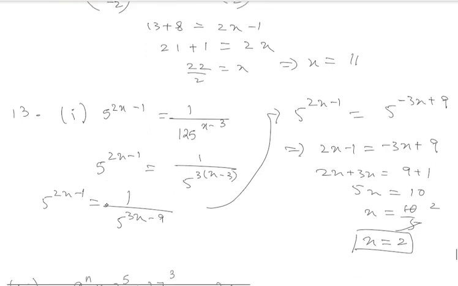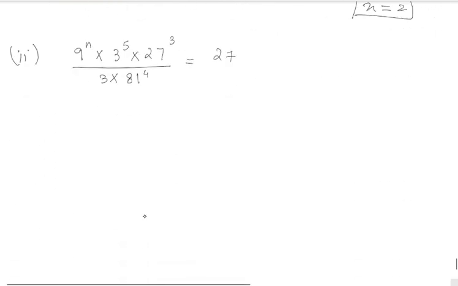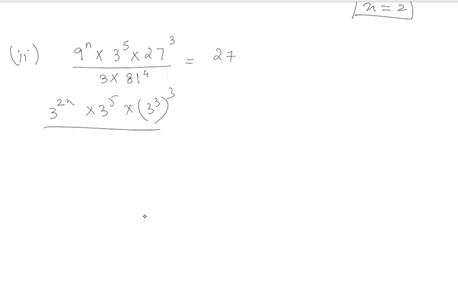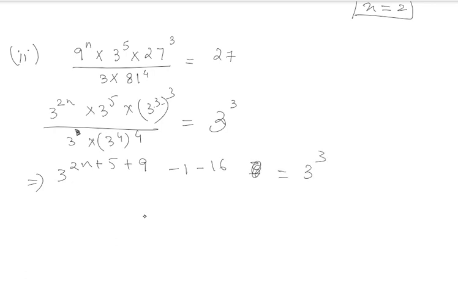And finally, coming to the last question of this exercise, again the question is to find the value of n. If you carefully see, all the numbers can be converted into some power with base 3. 3 cube whole cube by 3, 3 into 3 to the power 4, again 4. This is 3 cube. So taking the bases together, 2n plus 5 plus 9, 3 3s are 9, minus 1 minus 16 is equal to 3 to the power of 3.